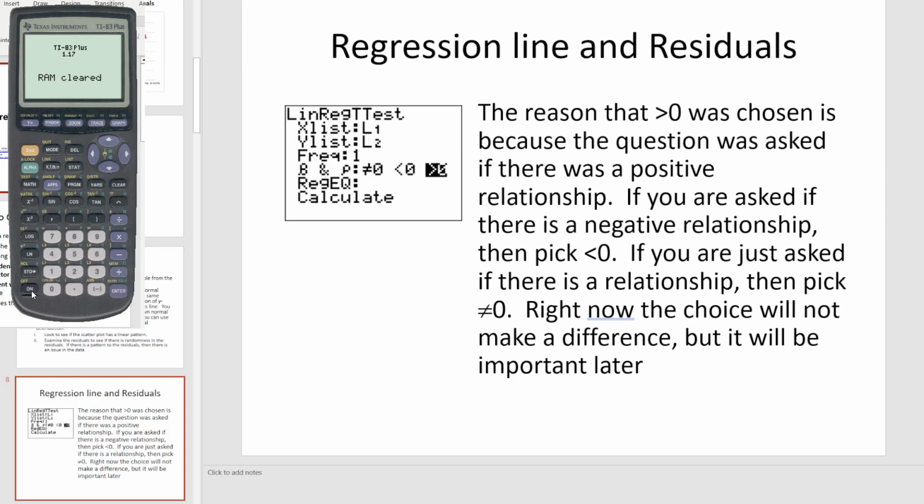I'm going to input in my calculator all of the data that we had in our table earlier. In L1, I'll be typing in the alcohol content. And in L2, I will be inputting the number of calories.